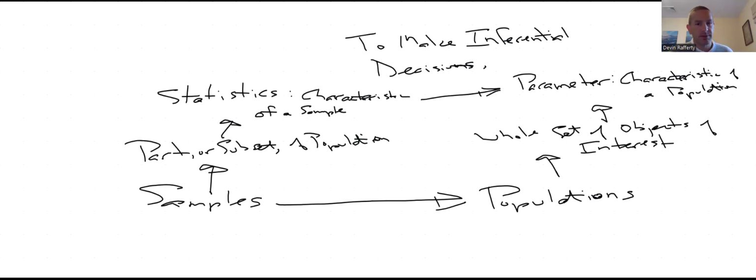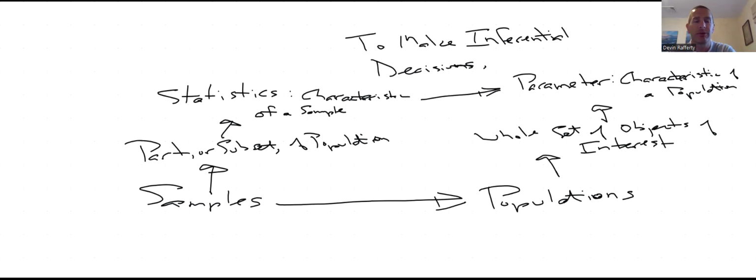So, in other words, if you take every car on the New Jersey Turnpike, there is a true, actual, real average speed out there of every car on the New Jersey Turnpike, right?